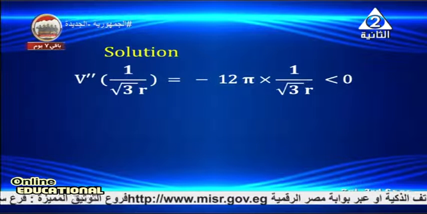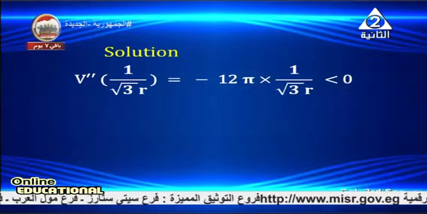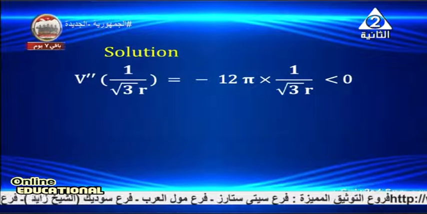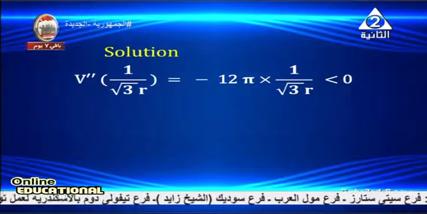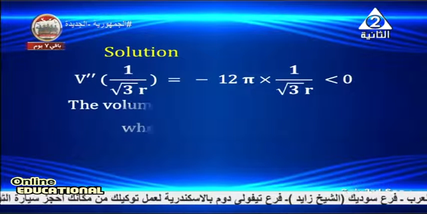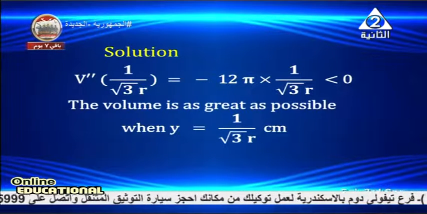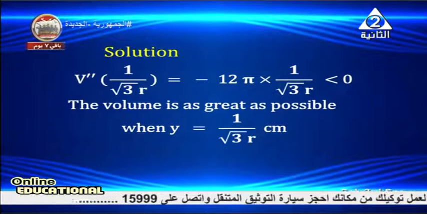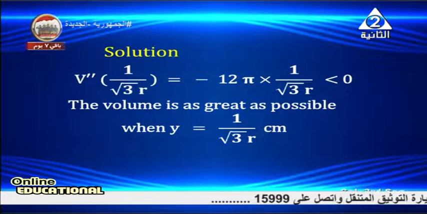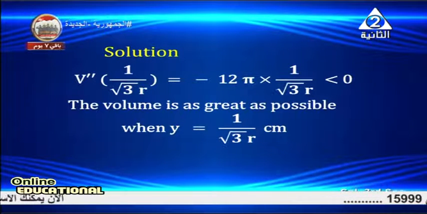When the second derivative is negative at y equals 1 over root 3 r, then the volume is as great as possible when y equals 1 over root 3 r centimeter.